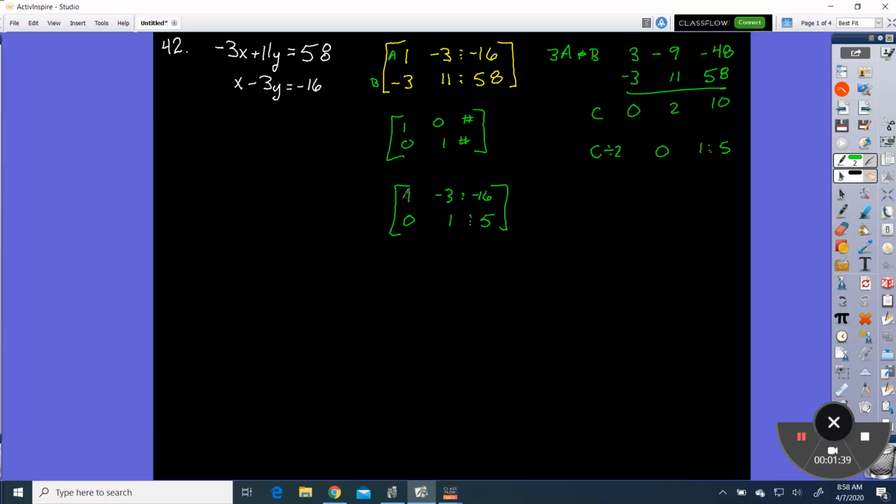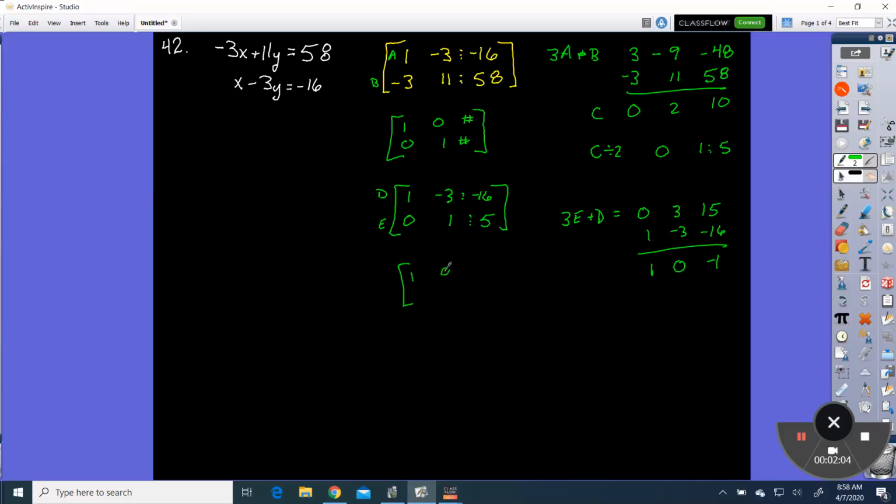Okay, so now if I call this D and this E, I'm going to go 3 times E and add it to D. Okay, so I'm going to go 0, 3, 15. That's 3 times all of this bottom row. Add it to this top row, 1, -3, -16. And I get 1, 0, -1. So that replaces this top row.